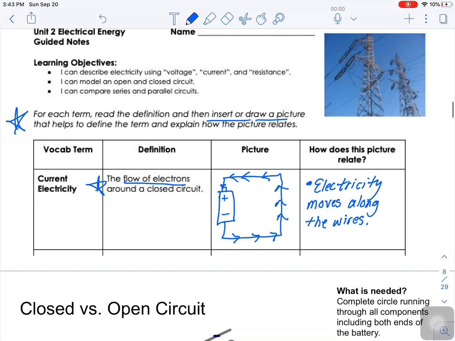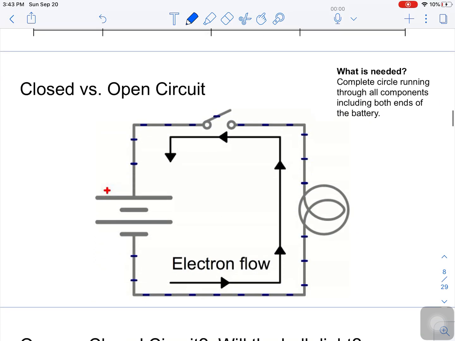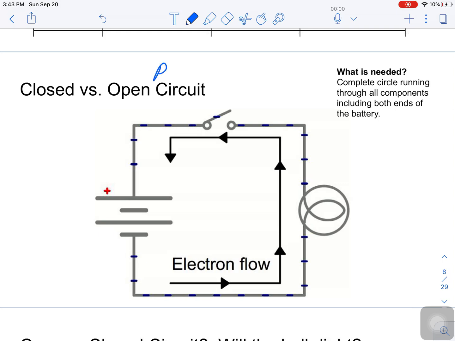All right, so I've used the term circuit a couple times, but I haven't really explained it. A circuit is basically a pathway. And we have two main types of pathways. We have pathways that are closed, and then we also have pathways that are open. So let's look at what we've got going on here. This is a simple drawing of a circuit. These type of drawings we call schematics.